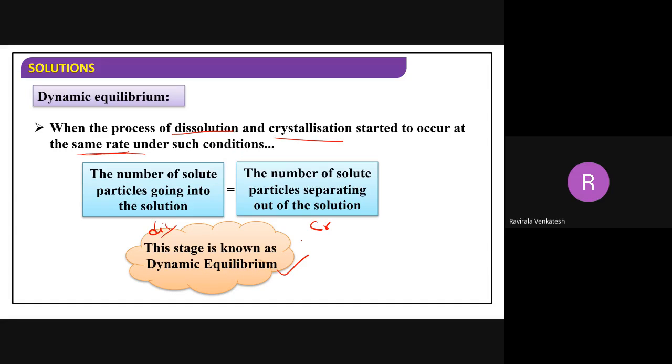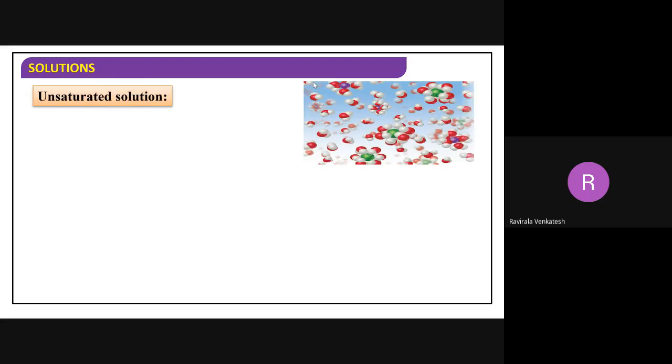How many moles are dissolving in the solvent, and how many moles of solute are coming out of the solution, it will be the same. That is, nothing is taking place in dynamic equilibrium. When you are standing on the road, that is nothing but a dynamic equilibrium. Nothing is taking place in that.